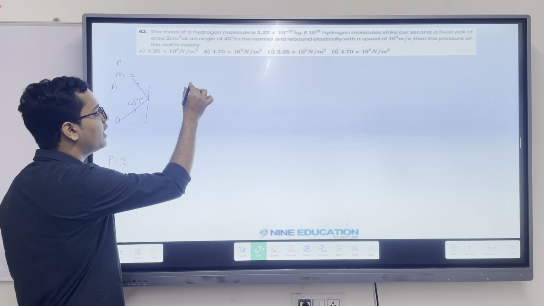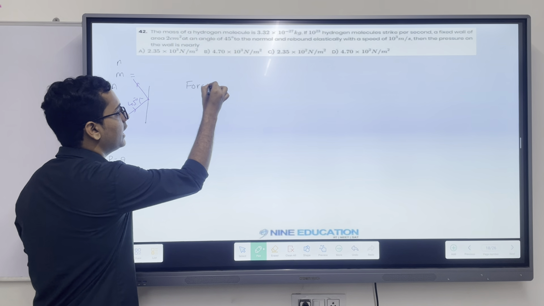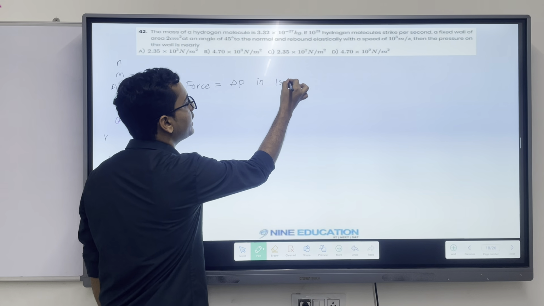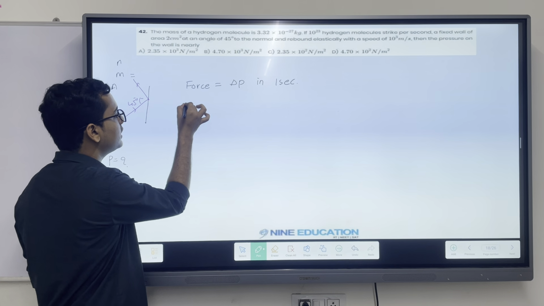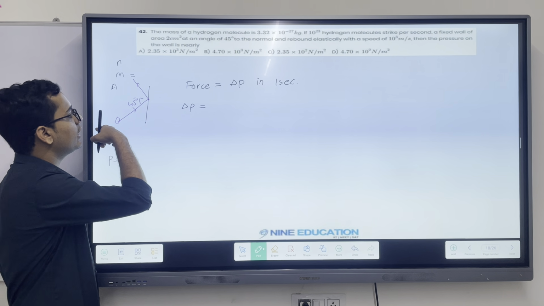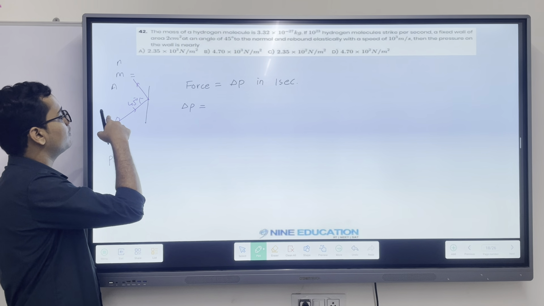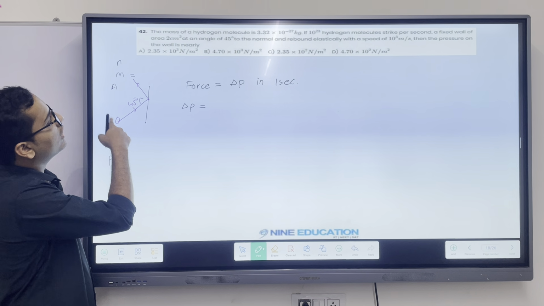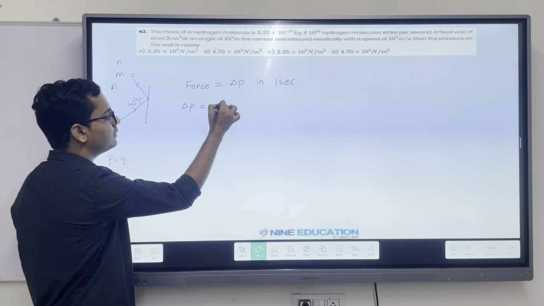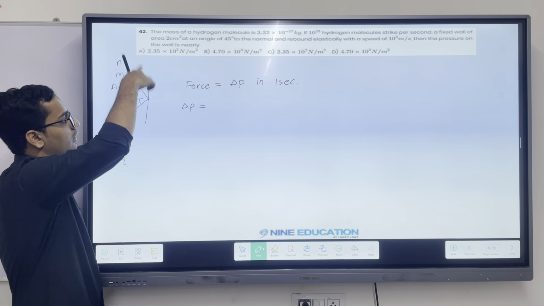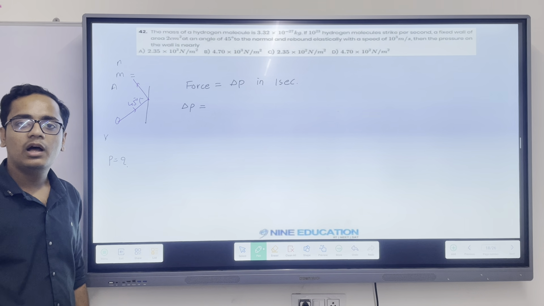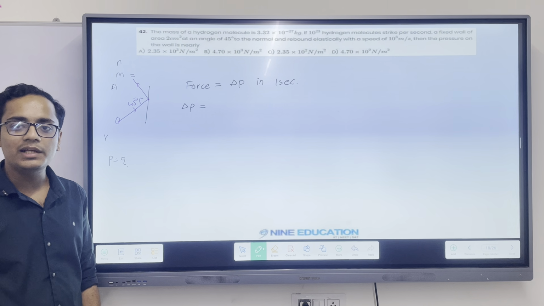First of all, we need to find force. Can I say force is basically change in momentum in 1 second? What is the change in momentum due to one molecule here? When one hydrogen molecule is reflected, its momentum changes. The component of the velocity along the surface is not changing.